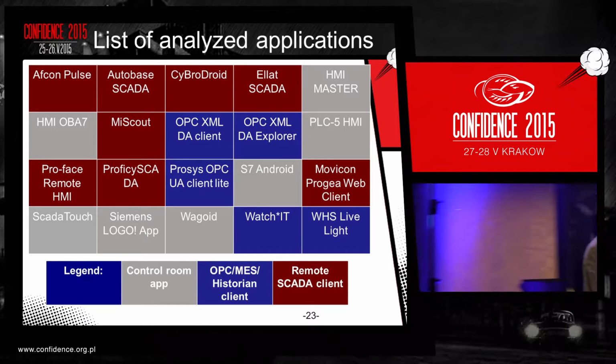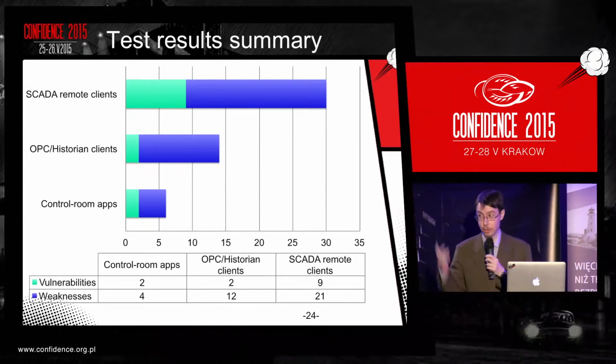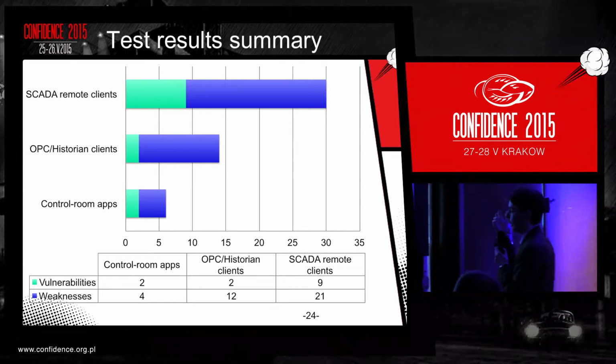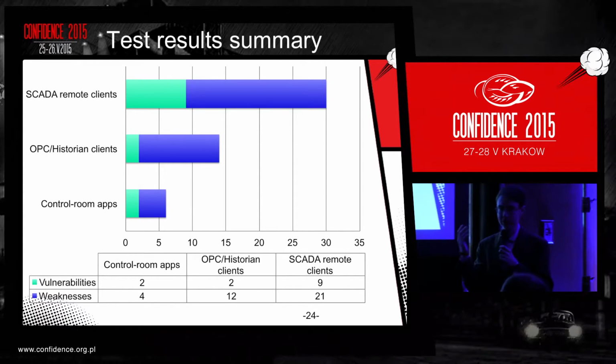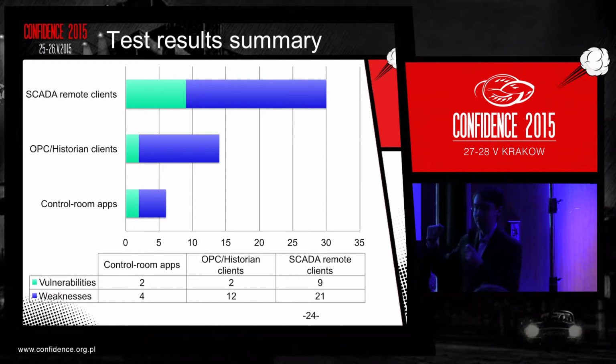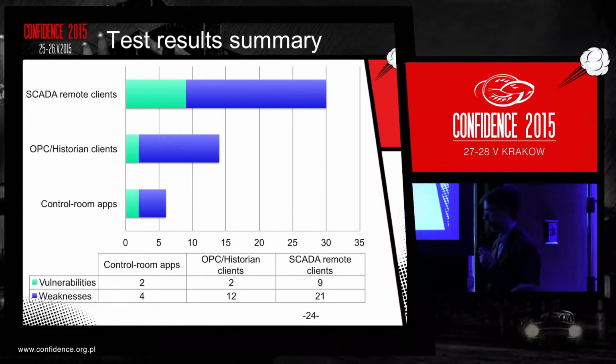And what we saw in the result was a bit of a shock and scary, because control room applications, as we've said already, run in the safe perimeter. So I expected that most of the bugs and weaknesses would be in control room applications. However, most weaknesses and vulnerabilities were found in SCADA remote clients.